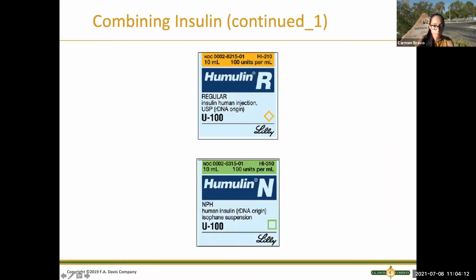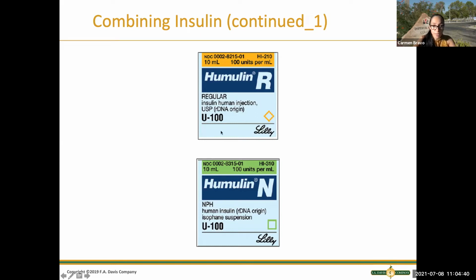So, okay. Let's see. A little bit more about combining units. When we get orders sometimes from the doctors, using the way it says here, they tell us to give 17 units of Humulin R or regular insulin, and then give 5 units of NPH.